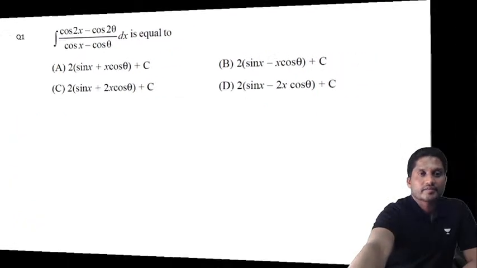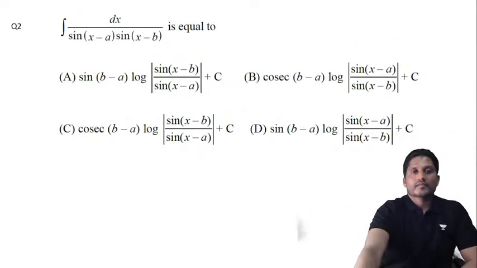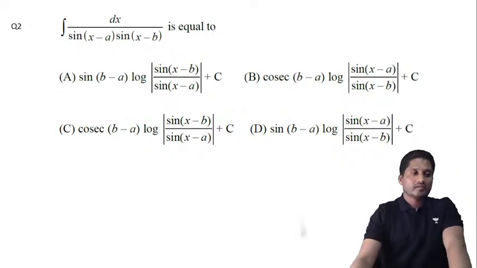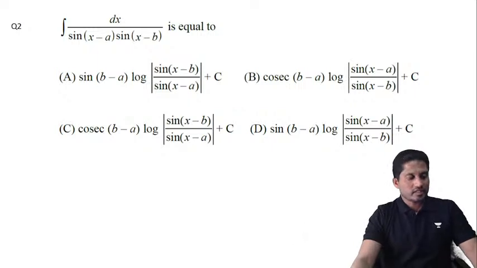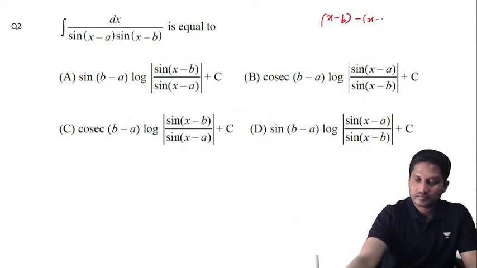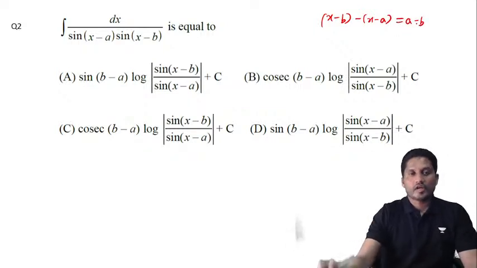Right, let's move to the next question. Alright, there's a similar question in NCERT exercise as well. Now let's say if you have like this, you take the second angle minus the first angle. If you open the bracket, you will get a minus b. When you have both sine, both cos, multiply and divide by sine.